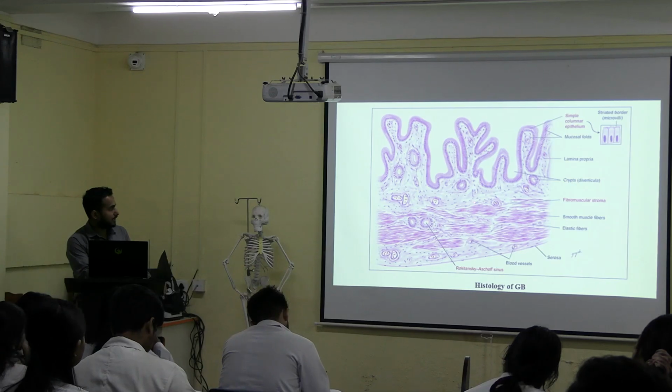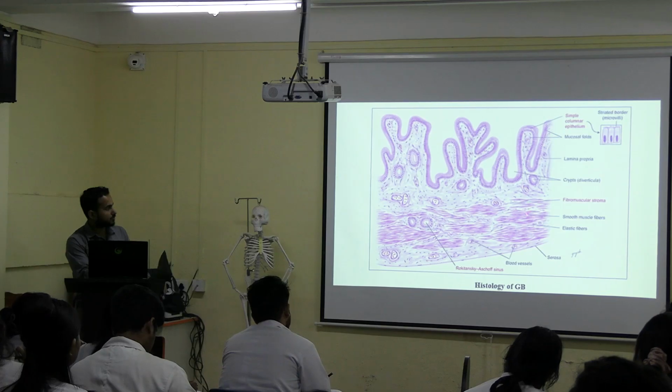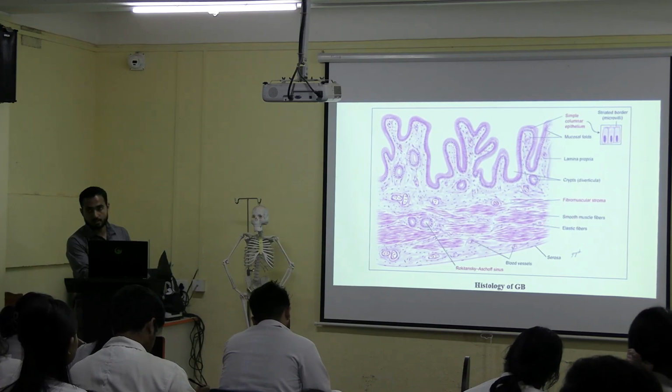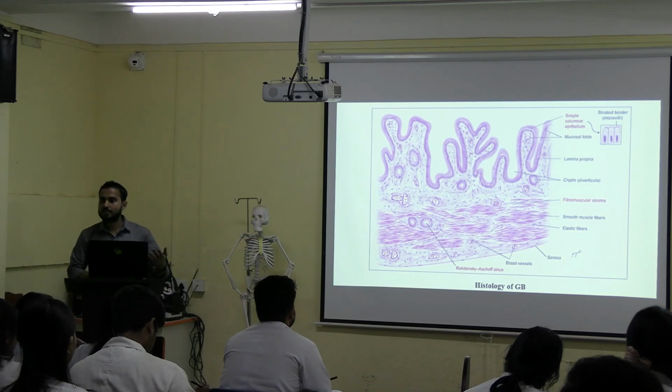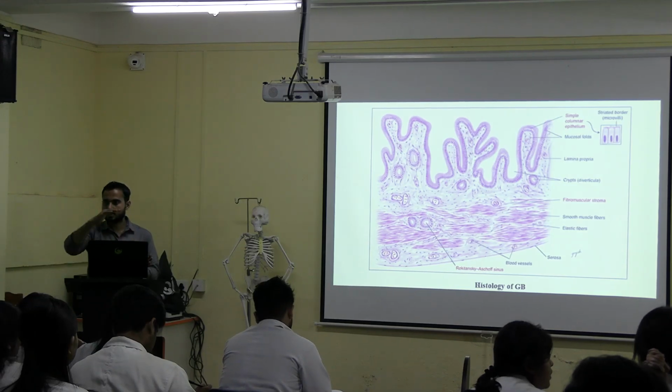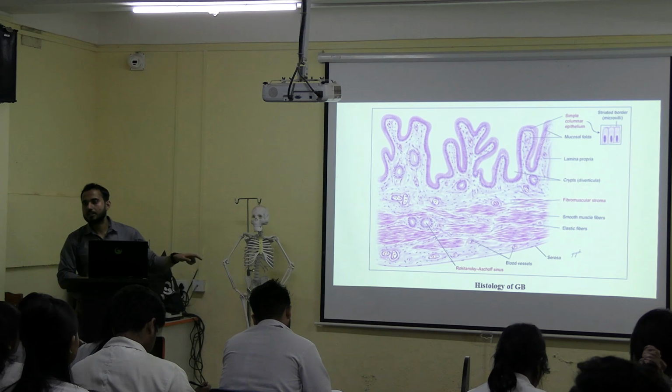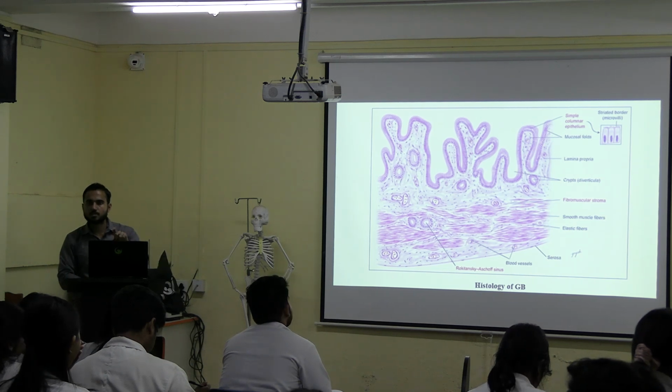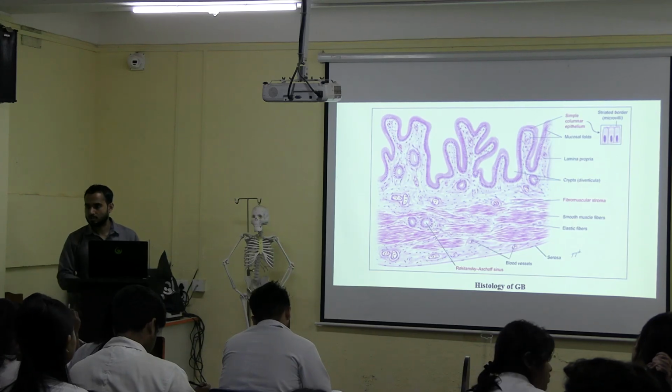Next, this thick layer is the fibromuscular coat, where you can see smooth muscle fibers and then elastic fibers. So how is the arrangement? First, smooth muscle fibers, then elastic fibers, then smooth muscle fibers, elastic fibers, like this stack-wise. And in the case of the gallbladder, the smooth muscles have no particular arrangement; irregularly they are arranged.